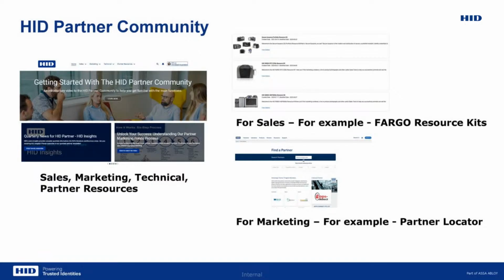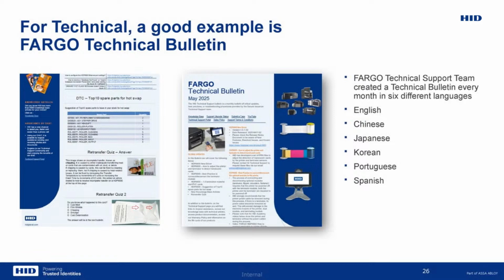For marketing, you can upload your partner profile to our partner locator on our website. For technical support, you can download some technical bulletins from the platform to make sure that you can get the most updated information. So this is something that I think is very important for all our customers to find a good leader and a good printer supplier.